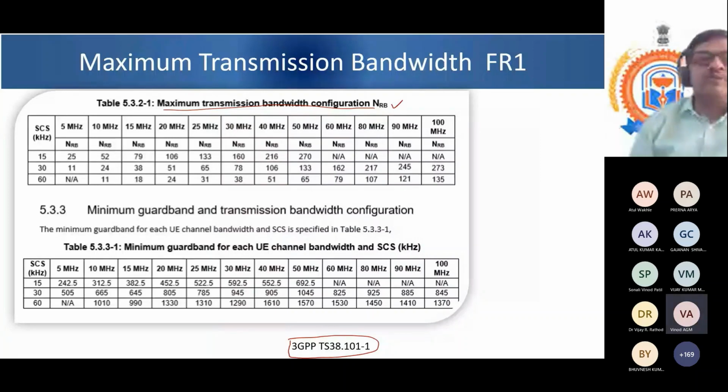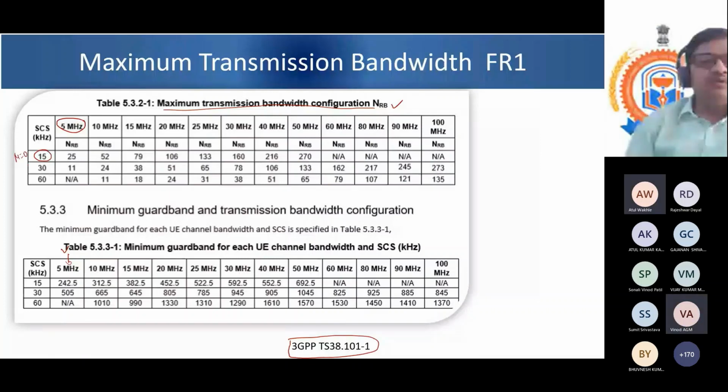So suppose I have 5 megahertz of channel bandwidth, and we have done the calculation. So 5 megahertz, first I have to remove the guard band. So guard band is defined in below table, this table. So these are the guard bands defined. So suppose my numerology is 15 kilohertz, that is numerology 0.